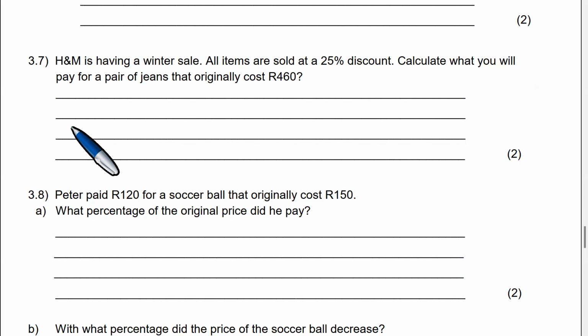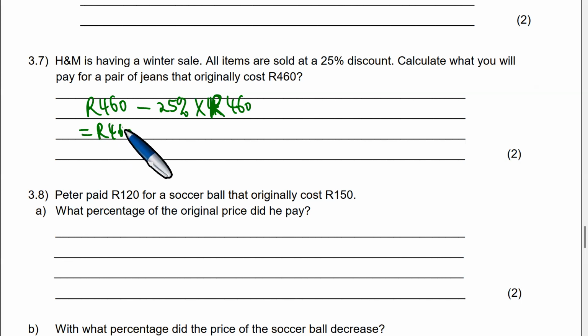Let's check. Well done. So you would take the 460 minus the 25% of 460. So you subtract the discount, which is 25 out of 100 times 460.